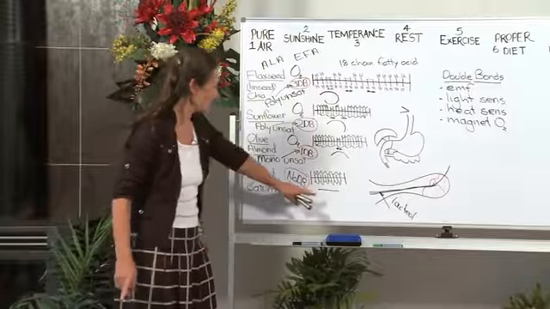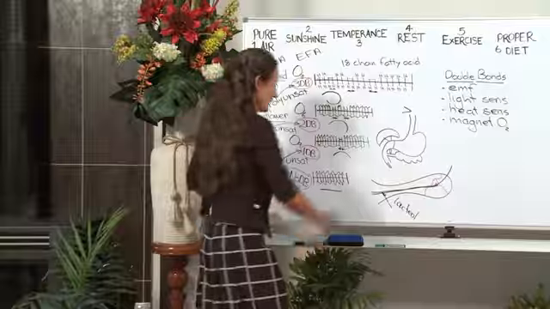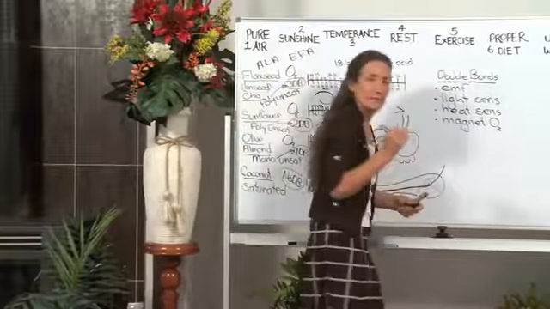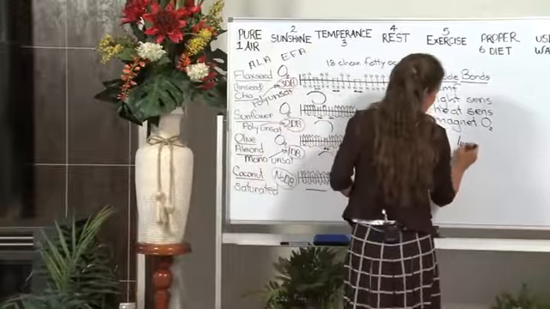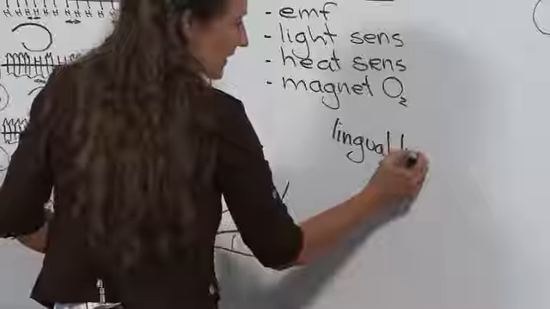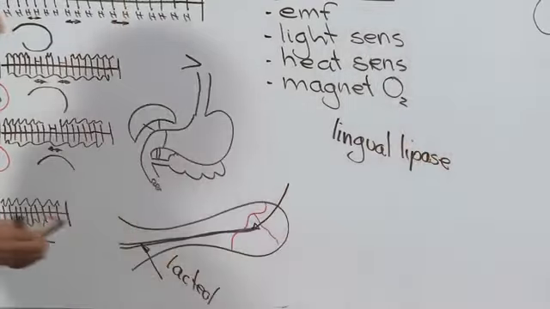This is not what happens with the coconut oil with its short and medium-chain fatty acids. It comes into the mouth, and underneath the tongue are sublingual glands that release lingual lipase. Lingual lipase is an enzyme that breaks down only short and medium chain fatty acids.